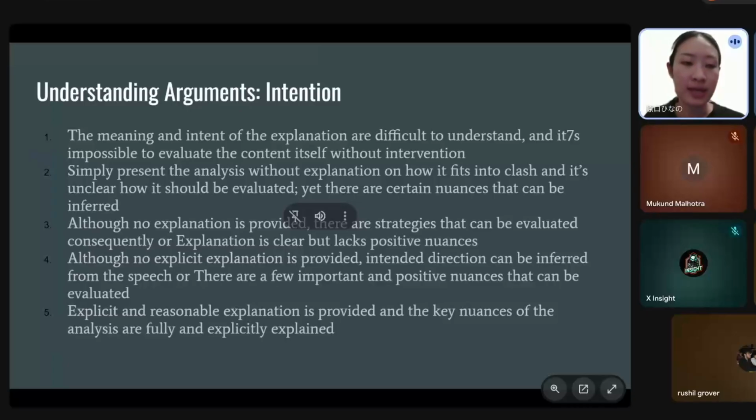So it is important to recognize the intention that teams have, and then judge and adjudicate in a way that reflects the intention the debaters have. These are the parts of understanding arguments: likelihood, exclusivity, impact, weighing, and intention.